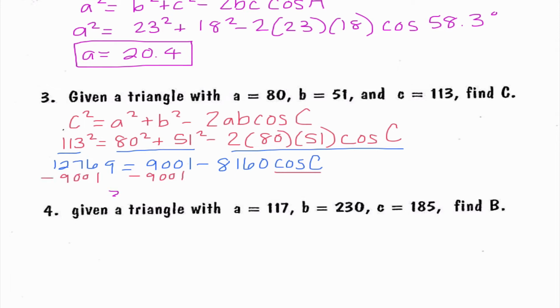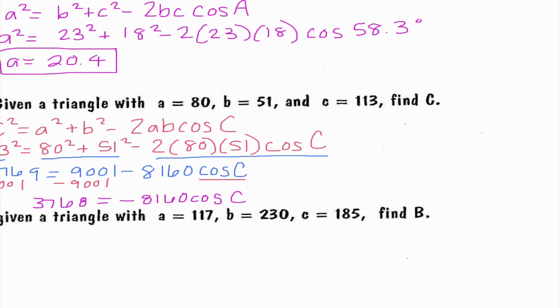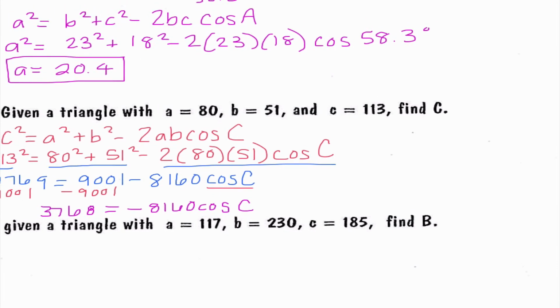So I get 3768 equals negative 8160 cosine of angle C. Now to get cosine of C by itself, I'm going to have to go ahead and divide both sides by negative 8160.